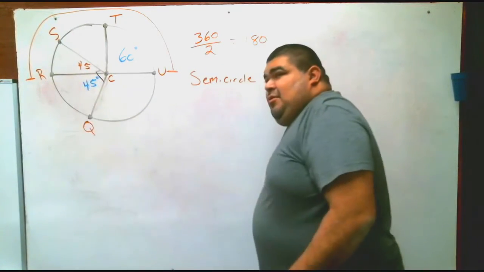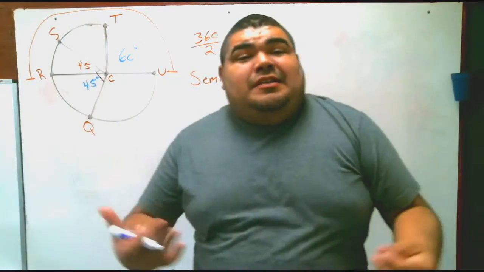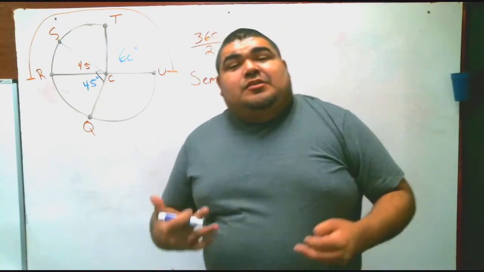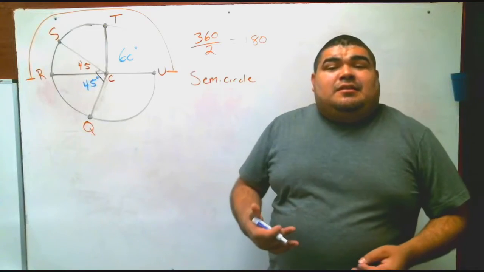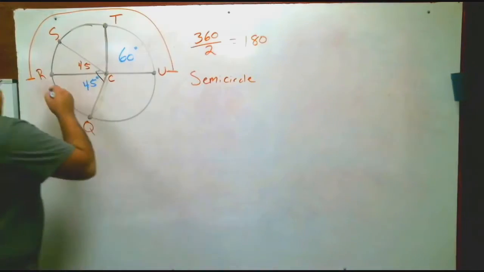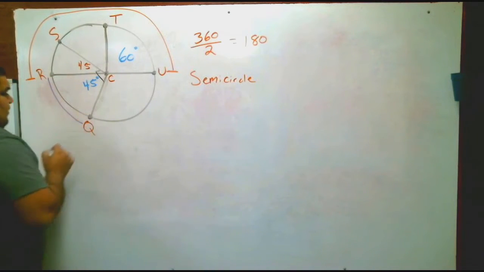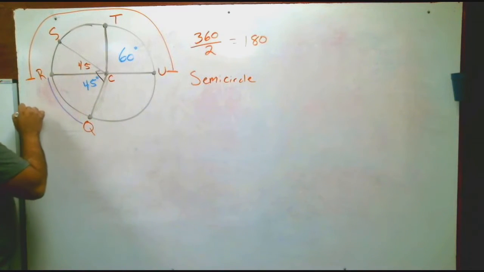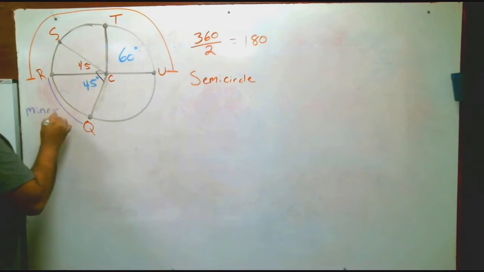So if you guys remember 45 degrees or anything below 90, it's an acute angle, right? So in other words, it is a minor arc, okay? So we can say that arc QR is a minor arc.